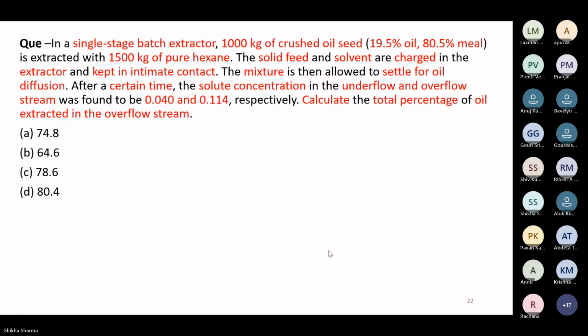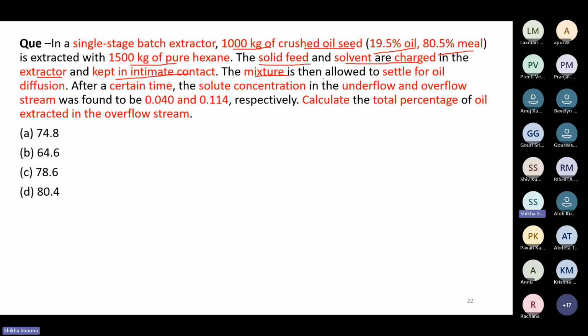So let's move to the next question. Numerical problem. This one is also we need to solve. In a single stage batch extractor, 1000 kg of the crushed oil seeds, which is having 19.5% oil and 80.5% of meal, is extracted with 1500 kg of pure hexane. The solid feed and the solvent are charged in the extractor and kept in intimate contact.